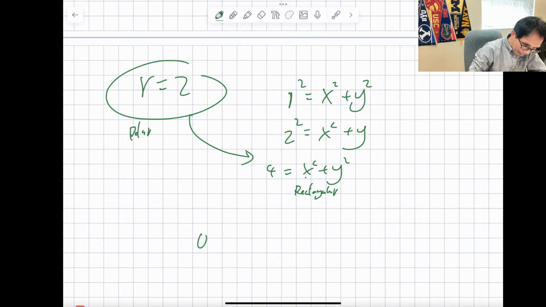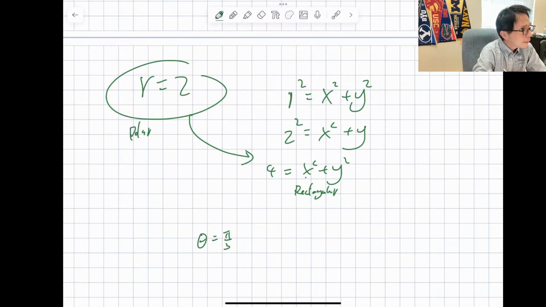So what happens if you have theta equal to pi over 3? First of all, do you know what theta equal to pi over 3 looks like? We know r equal to 2 is radius 2, right? What does theta equal to pi over 3 look like?